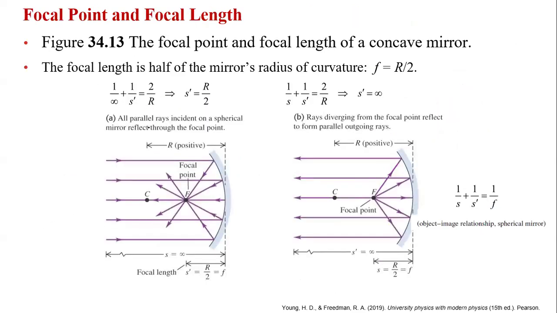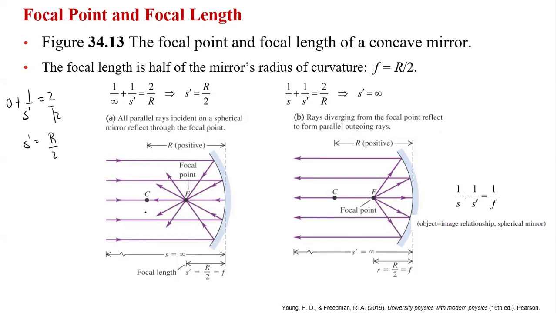Suppose, what happens if our object is located at infinity? So if our object is at infinity, therefore 1 over s is 0, and 1 over s prime is equal to 2 over r. So s prime is equal to r over 2. What does it mean?